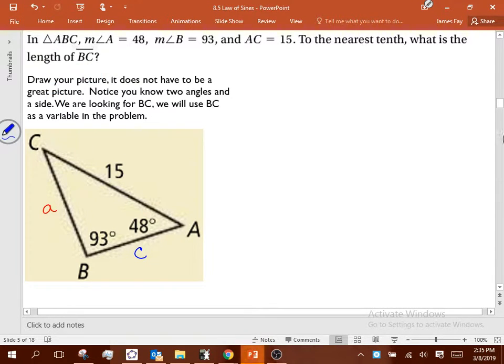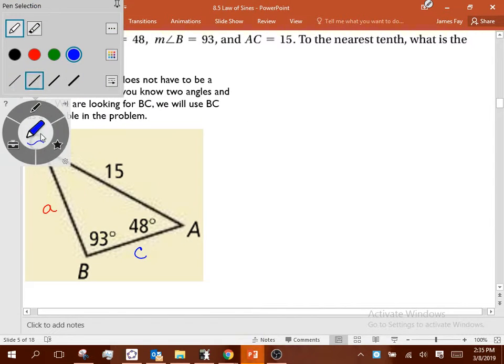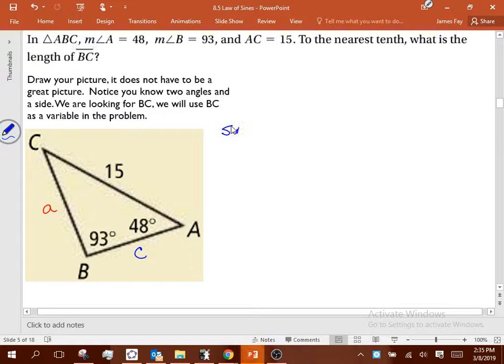So every time that I do these, I think this is a benefit for you as well, I write down the three ratios that exist from the law of sine. So it is sine of A over A is equal to sine of B over B is equal to sine of C over C. Now, for our particular problem, we should be able to fill those in, right?